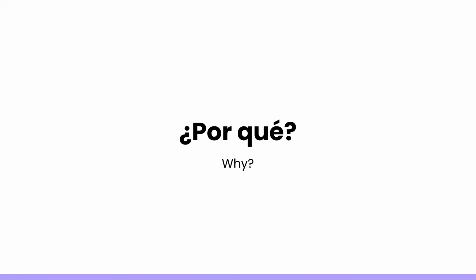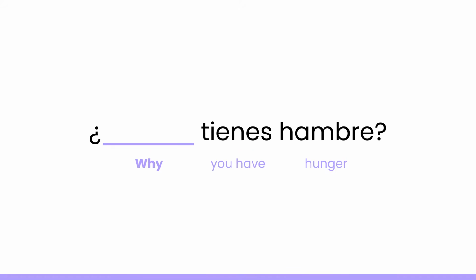Alright, so let's look at another example sentence with the word why. So, ¿Tienes hambre? Why tienes is you have, and hambre is hunger. So why you have hunger, or why are you hungry? And of course this becomes ¿Por qué tienes hambre?